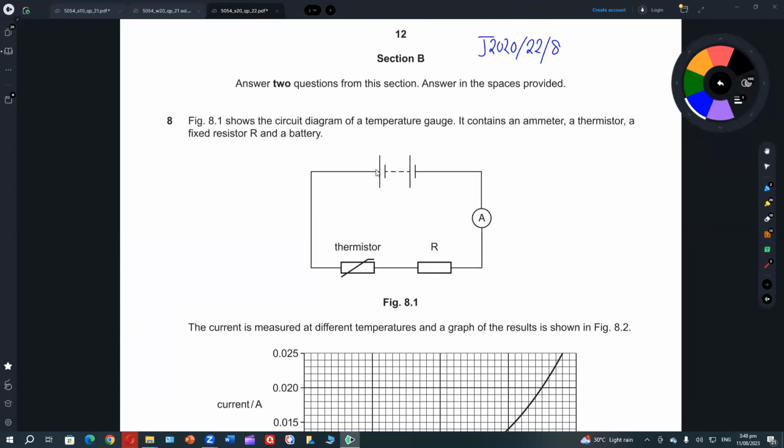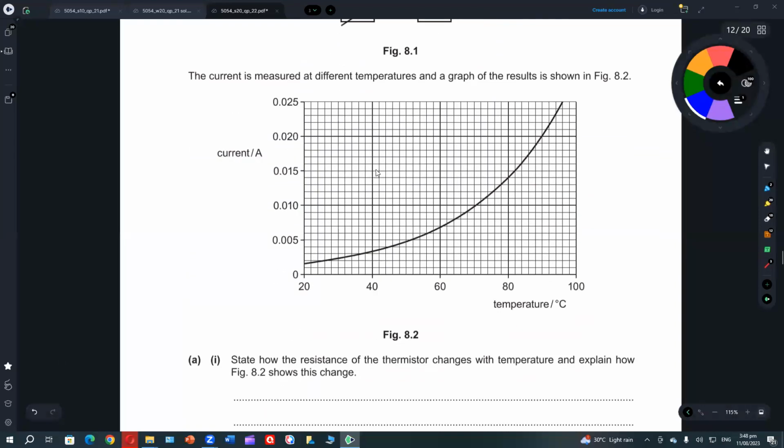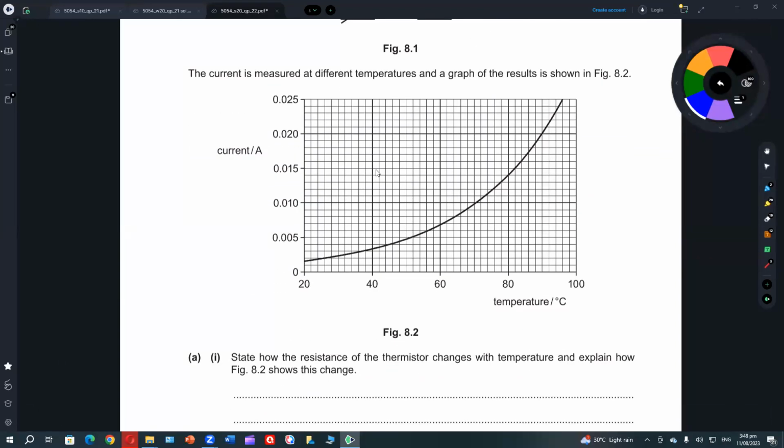The figure shows the circuit diagram of a temperature gauge. It contains an ammeter, a thermistor, a fixed resistor, and a battery. Okay, they have given everything. The current is measured at different temperatures and a graph of the results is shown in the figure.